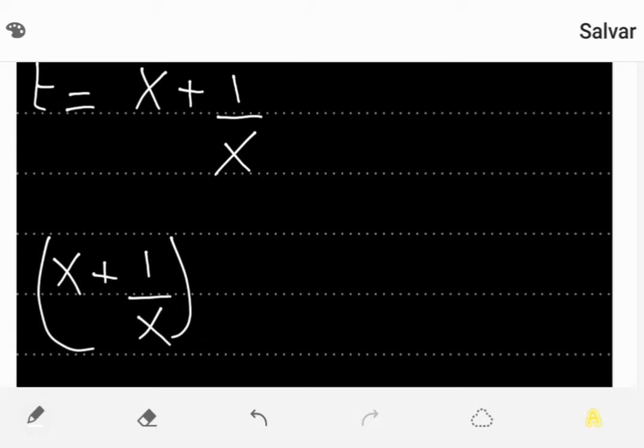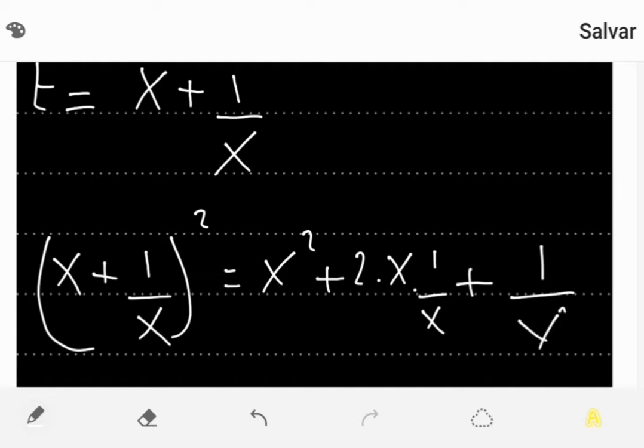Let's see, when this is squared, this will be equal to t squared, right? So let's see what x plus 1 divided by x, squared, is. Well, it is x squared plus 2 multiplied by x multiplied by 1 divided by x, plus 1 divided by x squared, right?